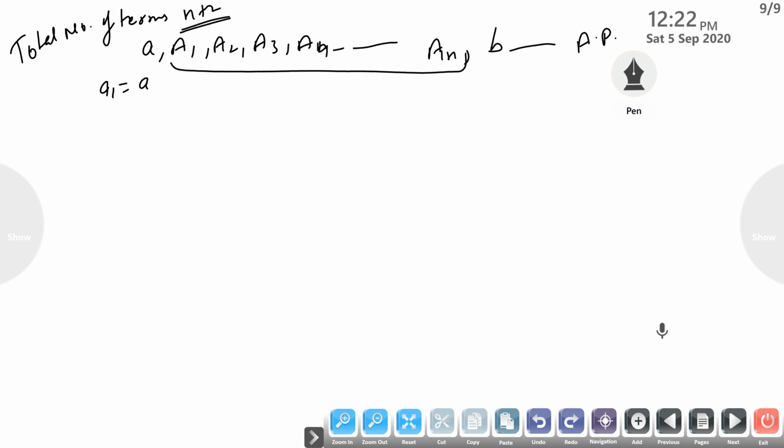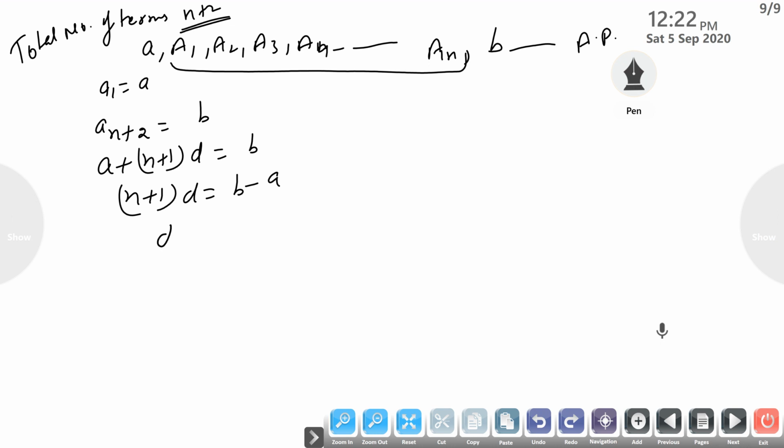So the n plus 2th term will be equal to b, and its value is a plus n plus 1 into d, that is equal to b. n plus 1 into d is b minus a, and value of d is b minus a upon n plus 1.